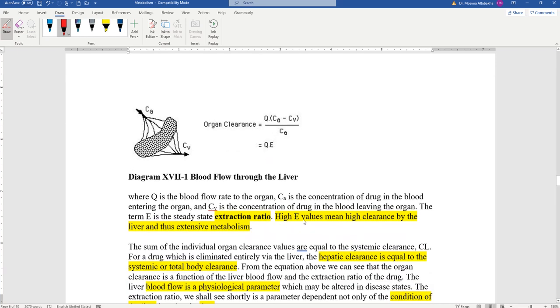Of course, when E is high, closer to 1, closer to 100%, and sometimes they say when it is more than 0.7, more than 70%, this means that there is extensive metabolism for the drug. Of course, if it is less than 0.3, we have a low extraction ratio and therefore low metabolism.